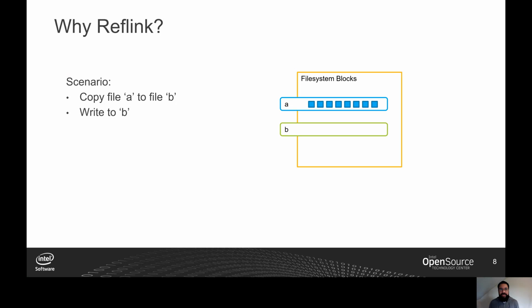The first one on there was Reflink, and I want to do a quick description of what is Reflink. Consider the scenario where we have two files on a file system. We want to copy the contents of A to B, and then we're going to write to file B. So that involves reading every single block of file A, writing every single block of file B, and then writing the part of B that we wanted to update.